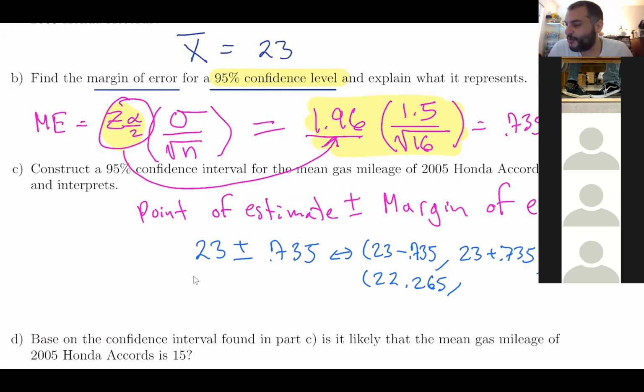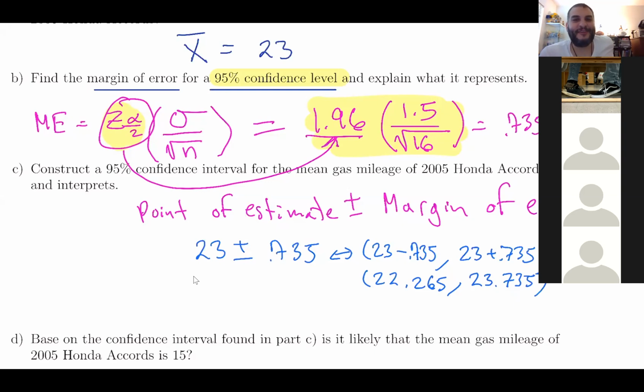If you add them, you get 23.735. And that's how you find the confidence interval. Any question in regard to how I get the confidence interval? So just to make it clear, you just subtracted and added, and then those are the results under it, right? Correct. Okay. Thank you. Yeah, you're welcome. All right, guys.